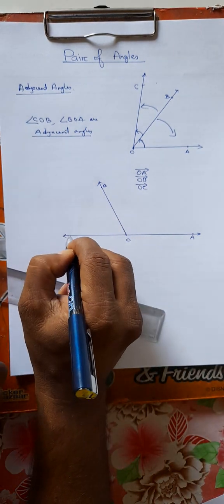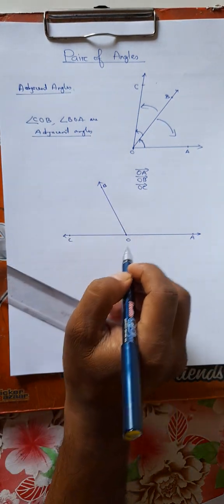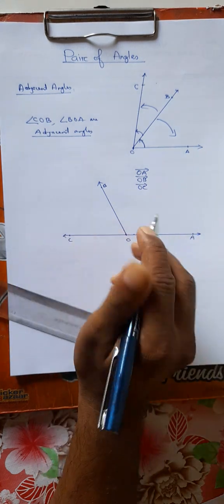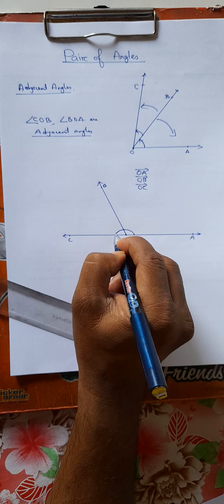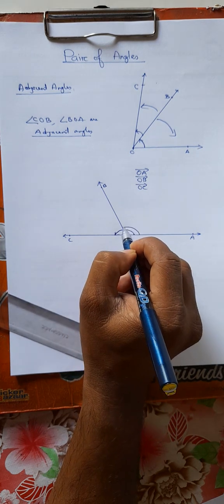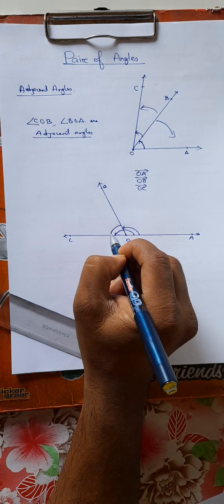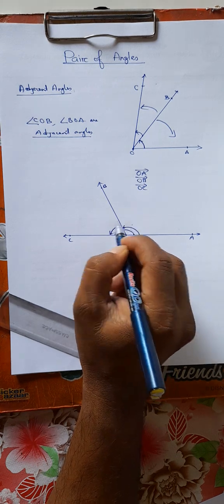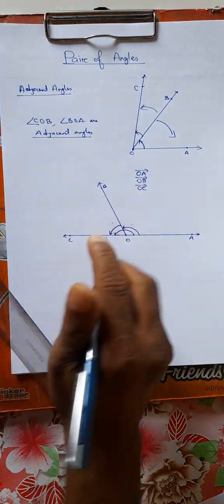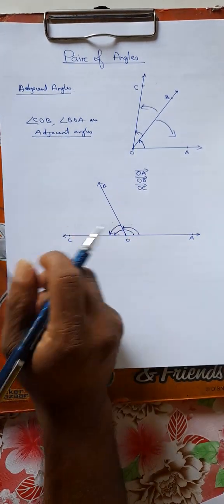Say this is C. That means you got a straight line, this COA, this is straight line. That means this is 180 degree. That means sum of these two angles is 180 degree, and it's a pair of adjacent angles. Then we call it's a linear pair.